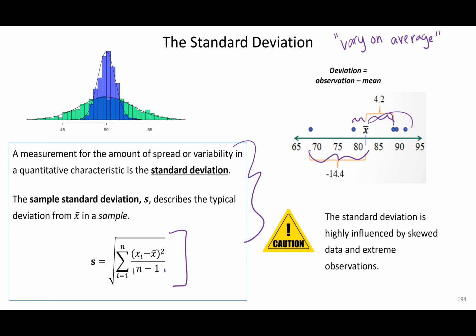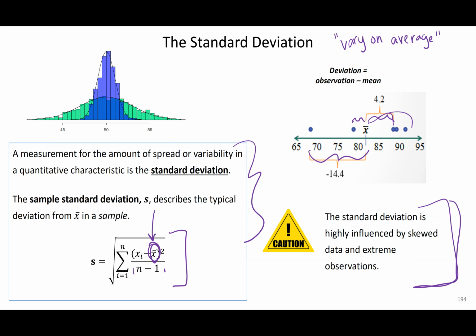So standard deviation is going to be in the same units that our variable x is in, and as you can see here, it uses the sample mean to calculate the sample standard deviation. So if you have a scenario where you have very skewed data or you have extreme outliers and it impacts the mean, it's also going to impact the standard deviation.